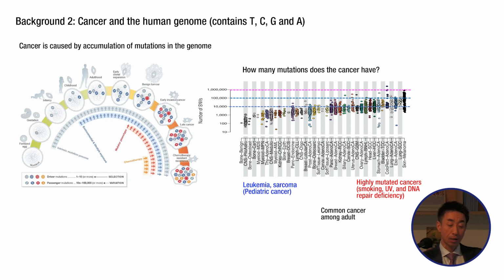One is present from the start of birth, germline variation, and environmental factors are also very important in causing mutations.